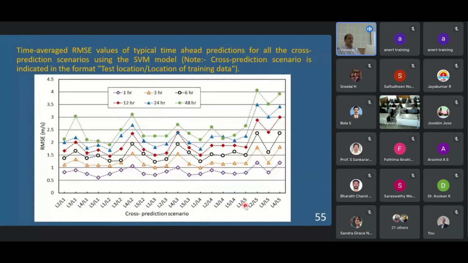This is another way of representing. If you take a 3-hour-ahead prediction, for example, the different cross-location scenarios all give errors below 1.5 meter per second RMSE. As the hours increase, accuracy comes down with more error.